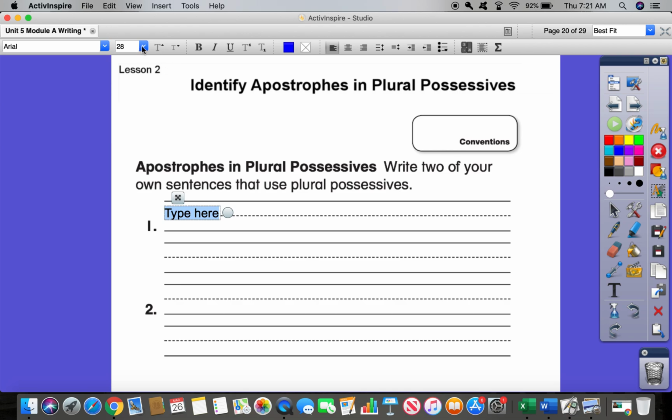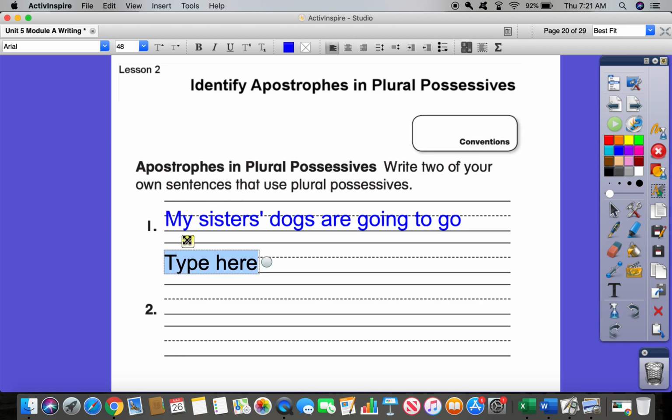Maybe I would say, let's make this bigger. And remember, we always need to start a sentence with a capital. I might say, my sisters' dogs are going to go swimming at the beach.